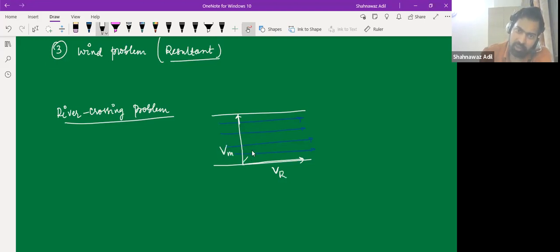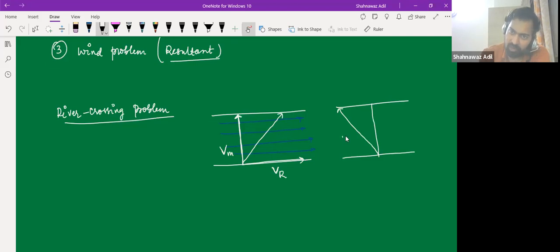So then he will go in this direction. Whenever the man moves with this velocity, he will be deviated or drifted in this direction. So this we will do, and then there would be the shortest path, right? To save from this drifting, the man will move in this direction, and then the resultant would be this one. All these things we will do in the next class.